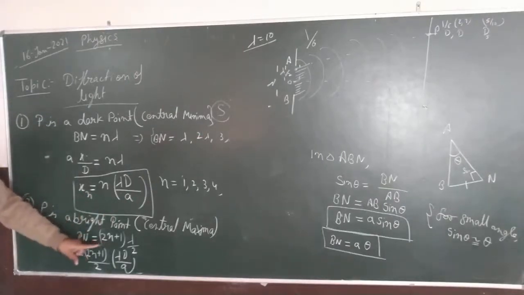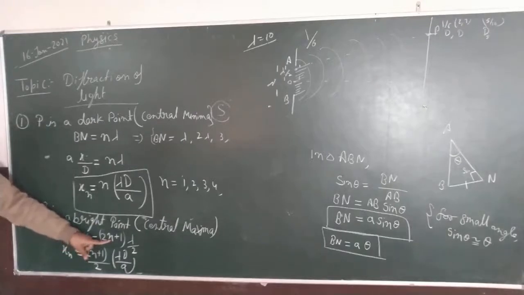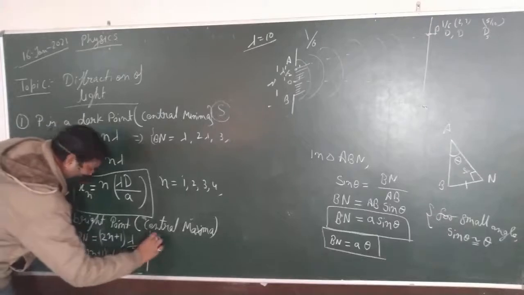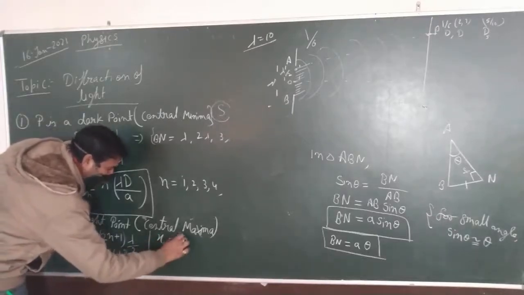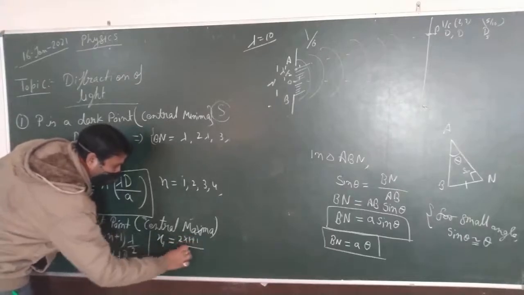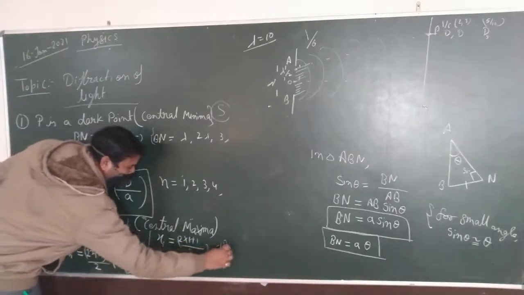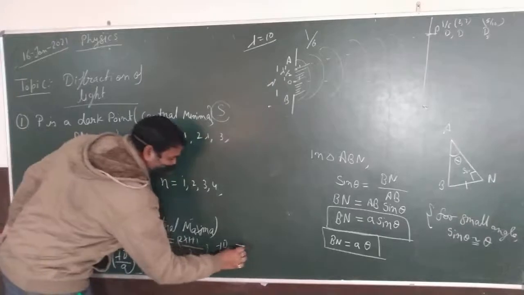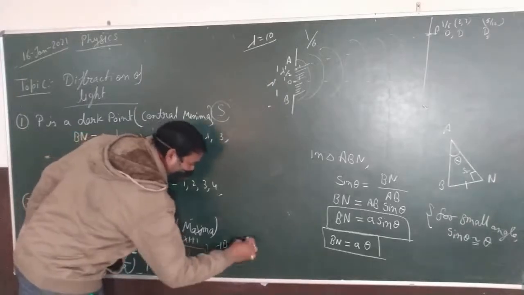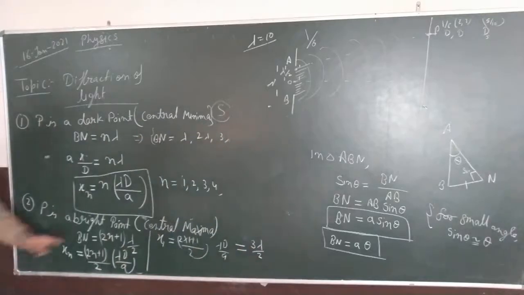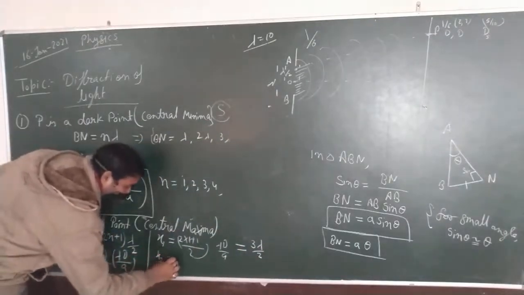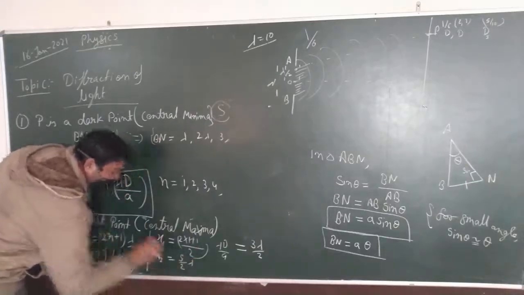When you put 1 here, how much do you get? X1 is equal to (2 into 1 plus 1) by 2 lambda d upon 3. Clear? This gives you the result 3 lambda by 2. For the value 2, it will be 5 by 2 lambda.